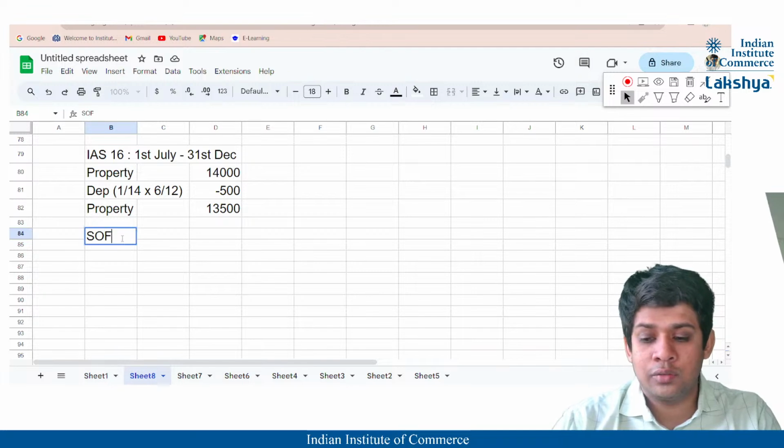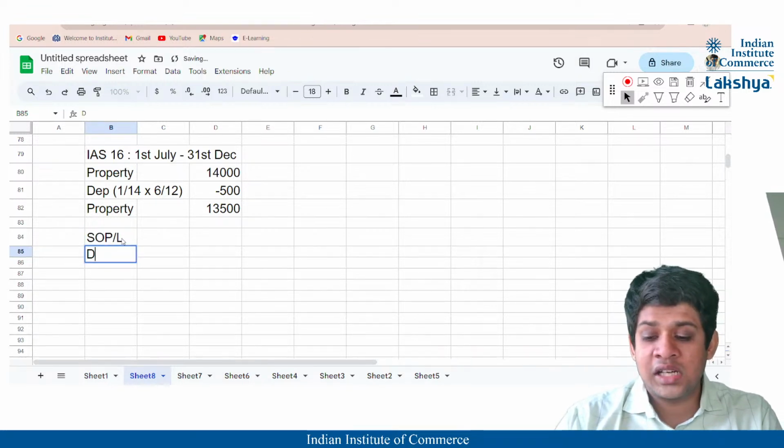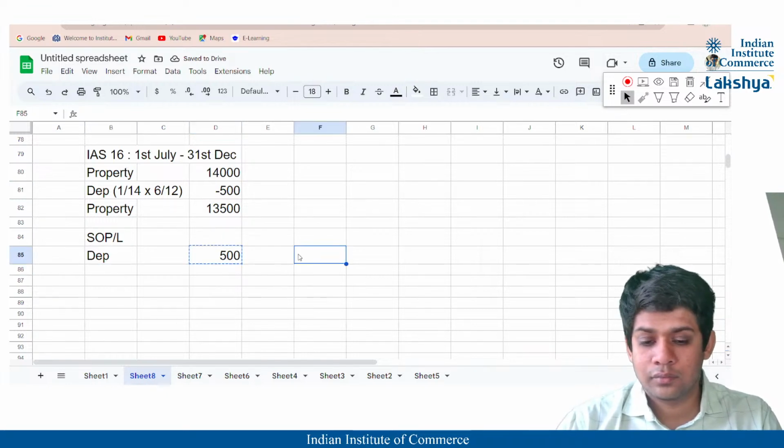And if you want me to show the statement of profit or loss and financial position, firstly, we will state the depreciation on the property, that is of 500, right?